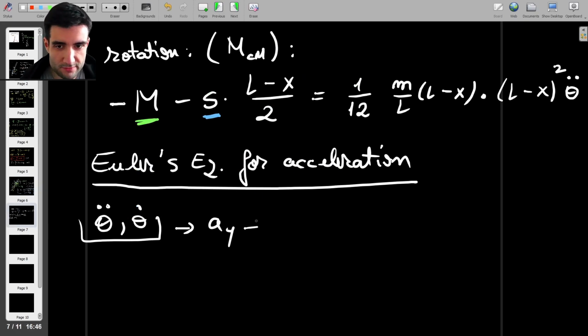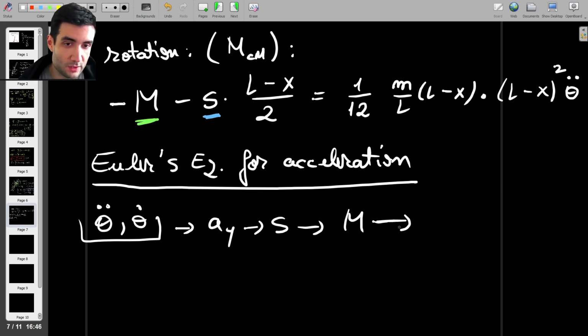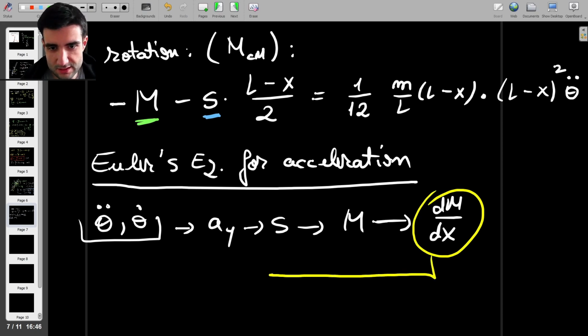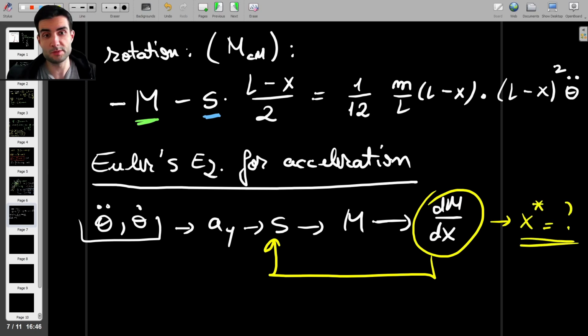Once we find a_y, we find the shear force. Once we find the shear force, we find the bending moment. Once we find an expression for the bending moment, we can differentiate it with respect to x. But you may also be aware that dM/dx should be the same as the shear force, but we'll do it anyway. And this is going to give us that location x star where the moment is maximum.